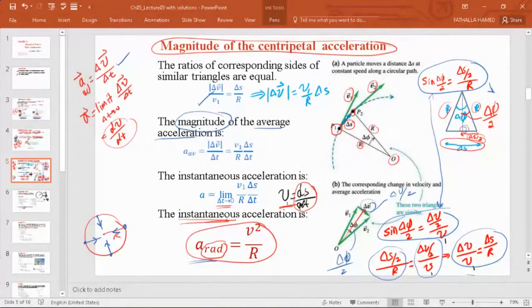Centripetal means center seeking. That means the one that goes toward the center, and that will be the magnitude of your instantaneous acceleration. Is this point clear? So a radial or a centripetal is equal to V squared over R.